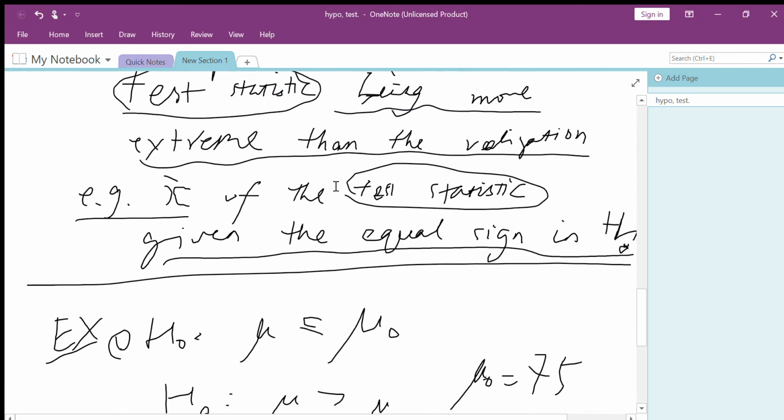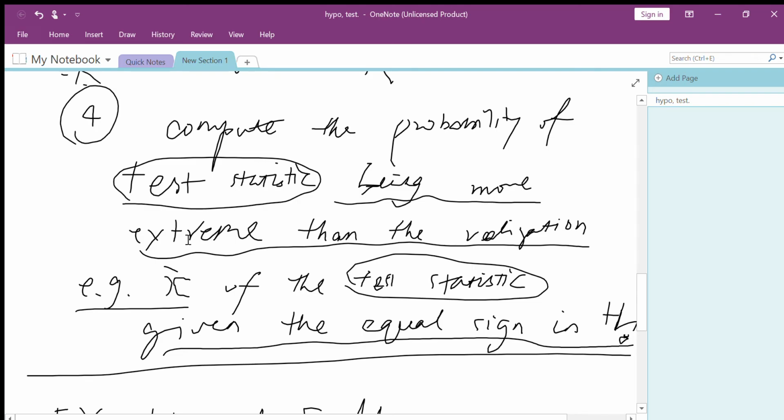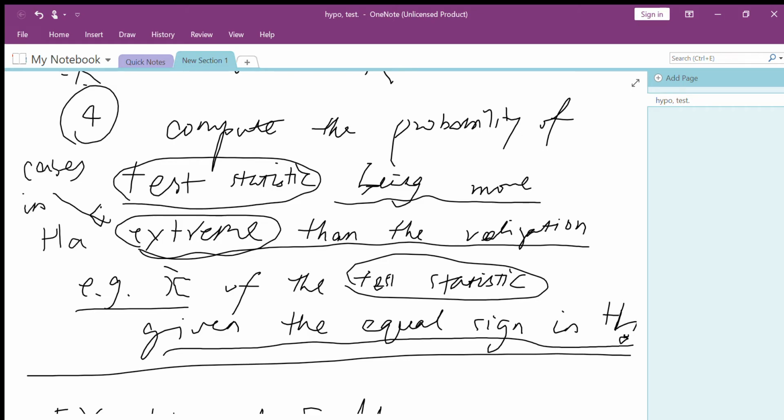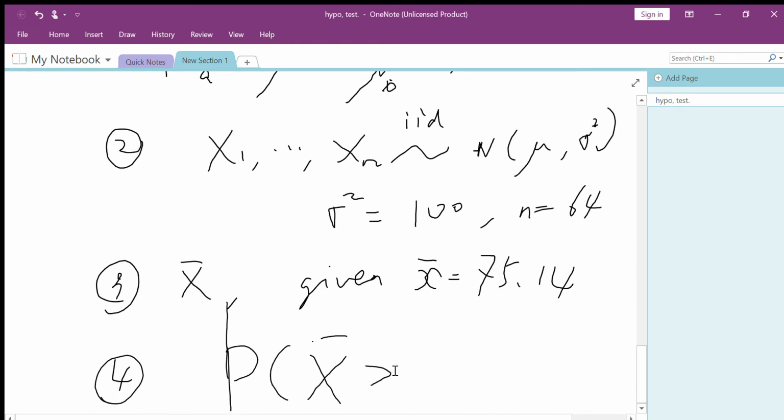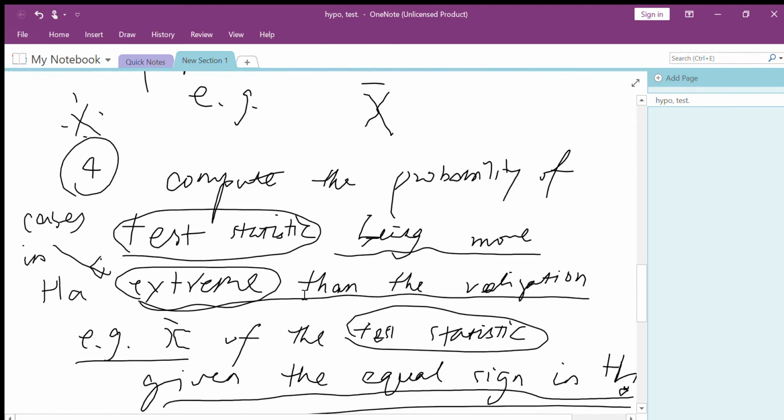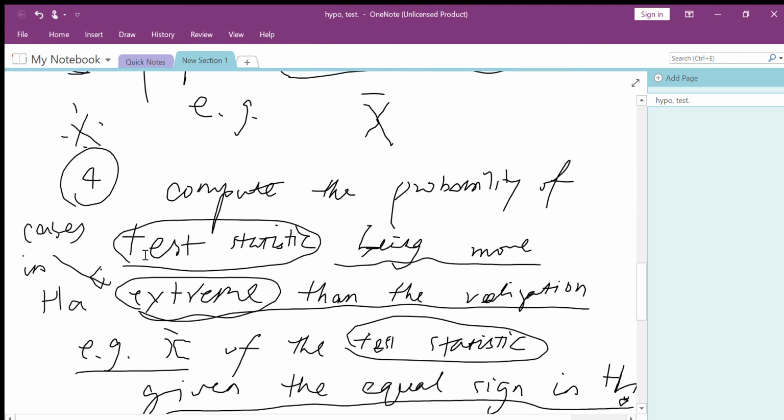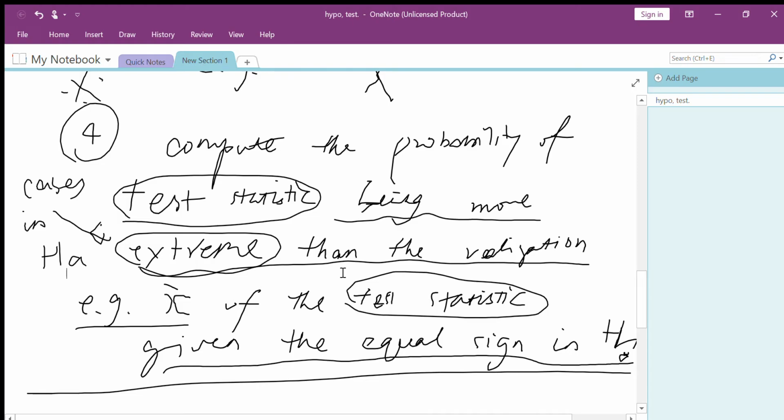So being more extreme means cases in the alternative. So here, the fourth step asks us to compute the probability of test statistic being more extreme. More extreme means cases in the alternative. Than the realization.